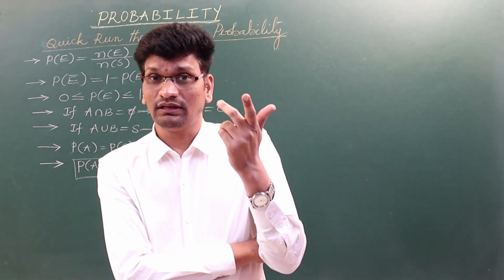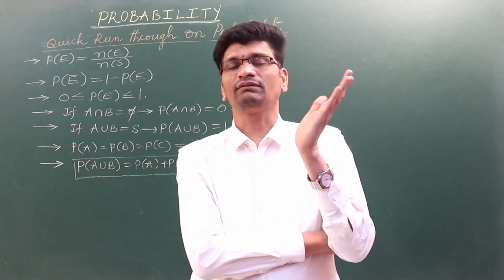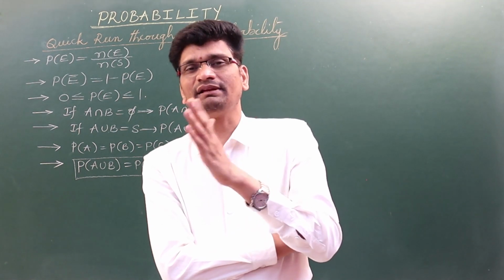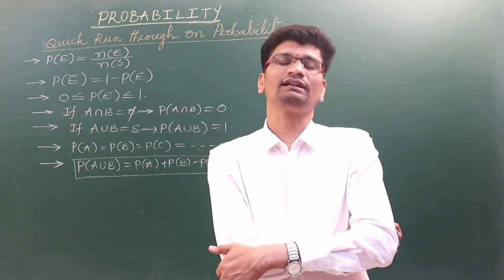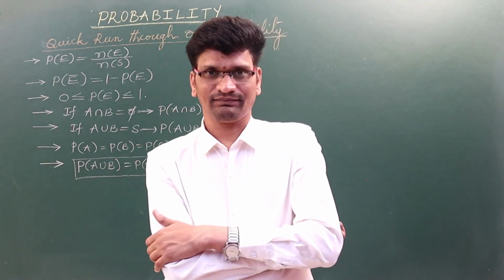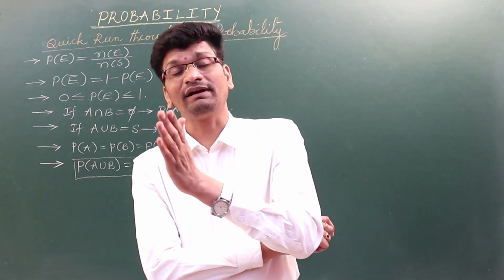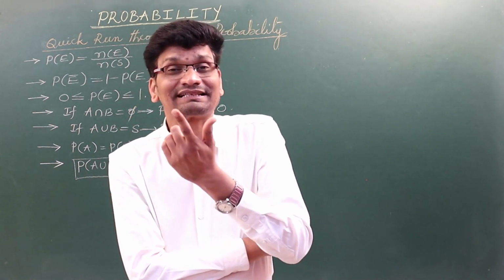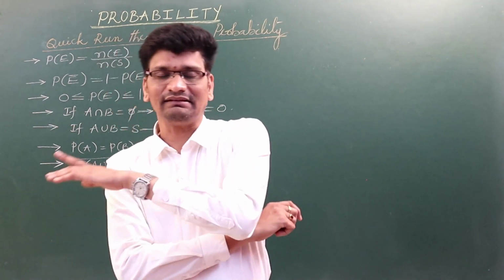Now in this particular problem, a number selected from 1 to 100 is divisible by 2 or divisible by 3. Let A be the event that the number is divisible by 2, B be the event that the number is divisible by 3. Then A union B is P of A plus P of B minus P of A intersection B. Here A intersection B means the selected number is divisible by 2 and 3.